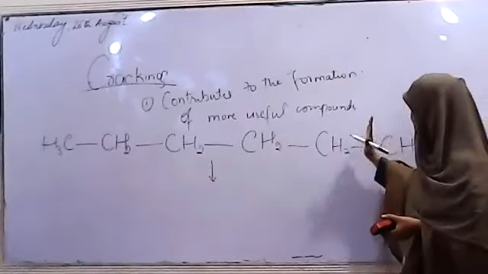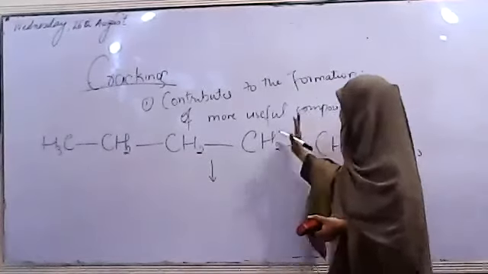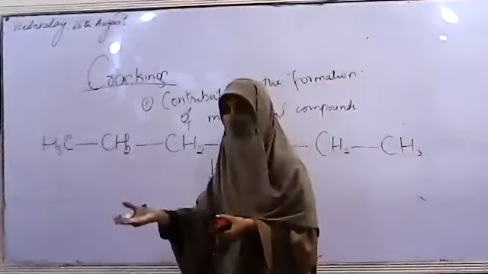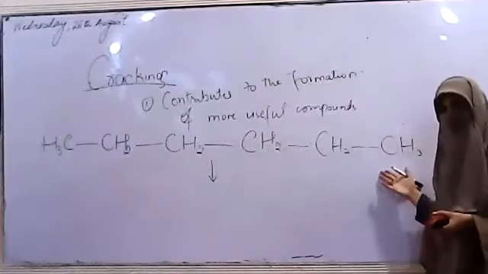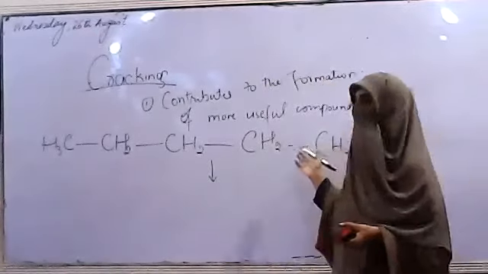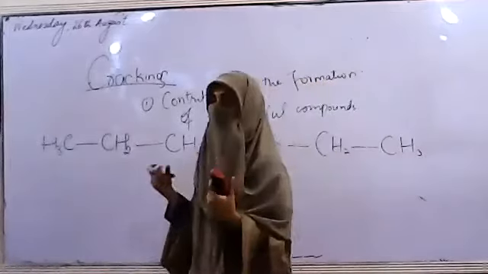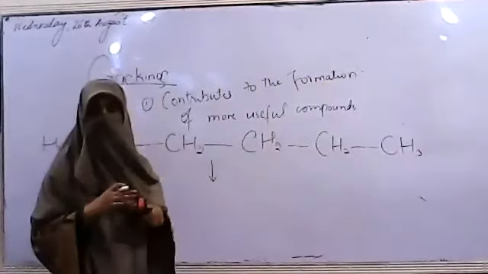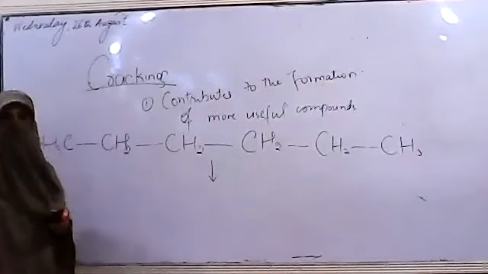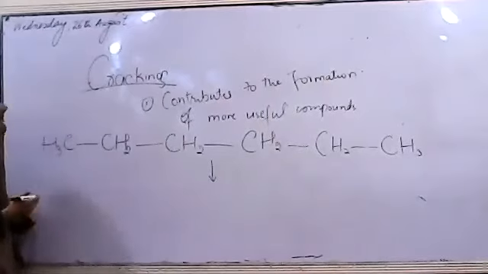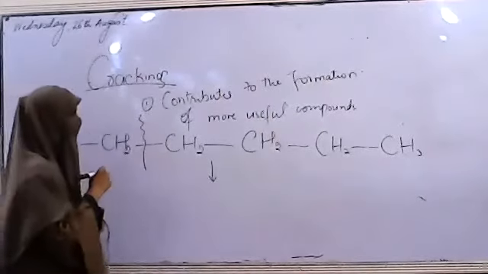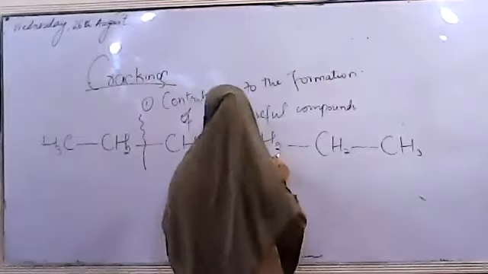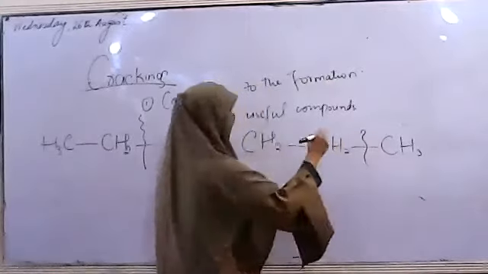It means the bond can break from here, or from here, at any position. It may form a simple alkane, methane. It can form butene. It can form alkanes of short lengths by breaking the bond at any position.